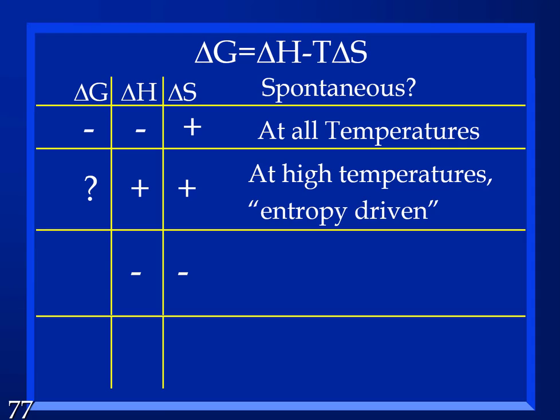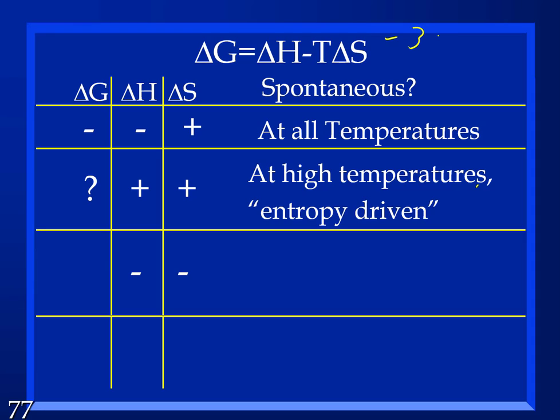What if delta H and delta S are both negative? Negative 4 minus a negative 3 is negative 1, but negative 3 minus negative 4 is positive 1, right?